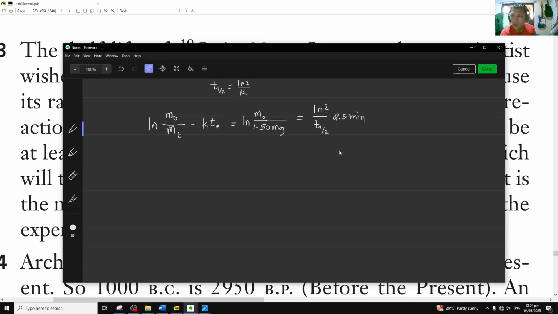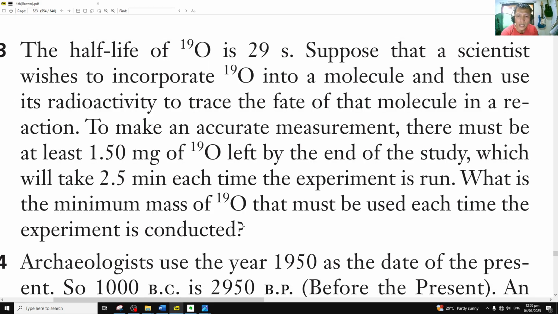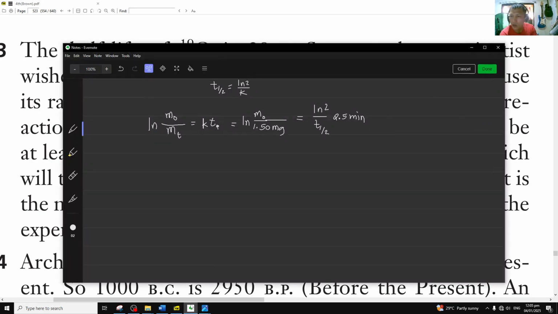I believe for this problem we should use seconds, because the half-life is given in terms of 29 seconds. So we'll have to convert: 1 minute is equal to 60 seconds. And then we can plug in.